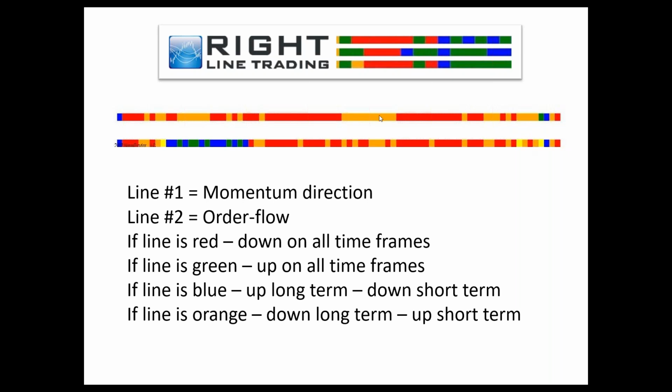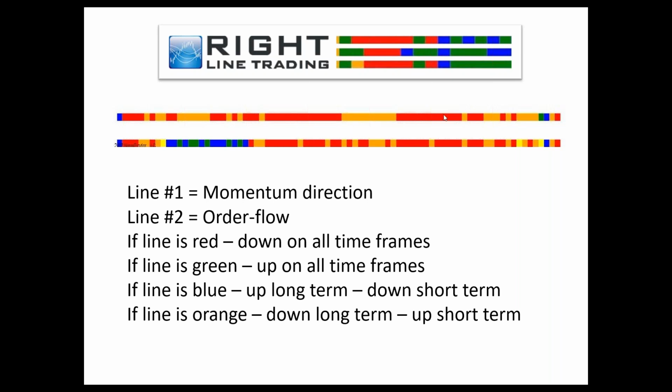The point is that the assessment of momentum and the assessment of order flow, which is the delta moving average, does not come off your trading chart. It comes off of the two higher time frames, which gives it enormous predictive power in determining where price is going to move on your trading chart.